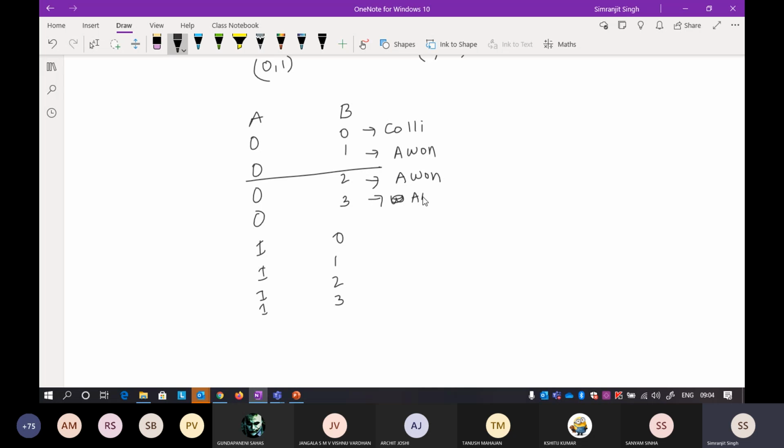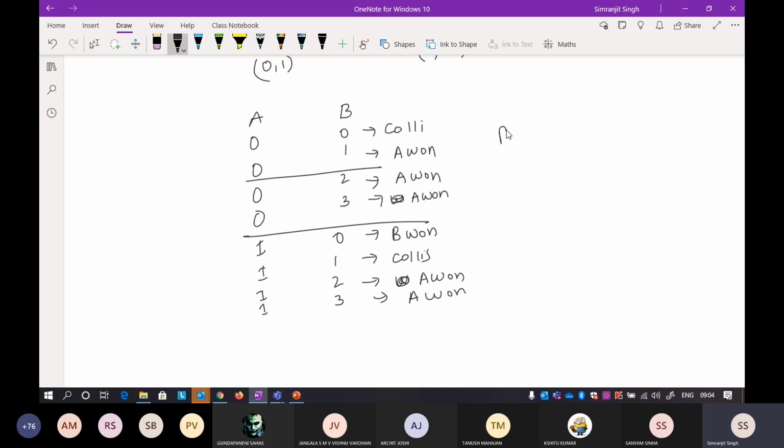Now A will wait for 1 unit time, B will send the data. In this particular case, B won. But here, there will be a collision. Now A is waiting for 1 unit time and B is waiting for 2 unit time. It means A gets to send the data earlier. So A won here and again A won here.